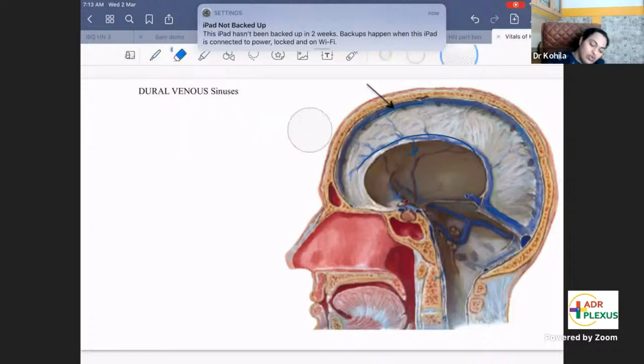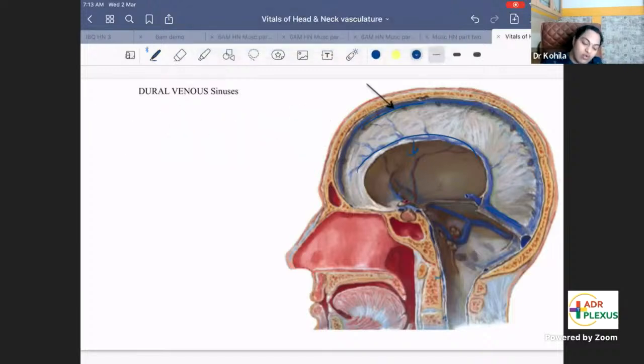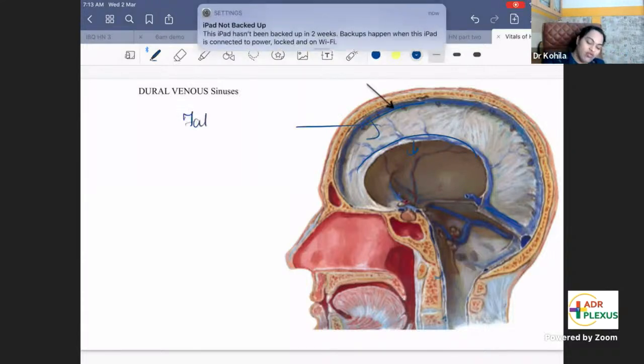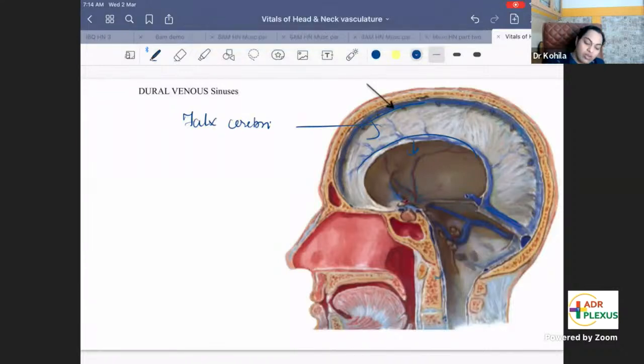So identify the dural folds first. What is this dural fold? Between the right and left cerebral hemispheres, you have the falx cerebri. What are the dural venous sinuses related to the falx cerebri? The one you see above is the superior sagittal sinus.